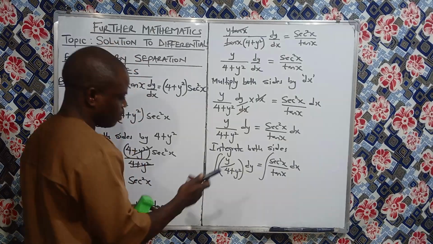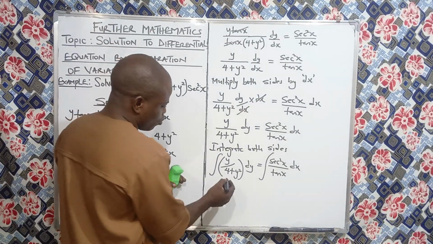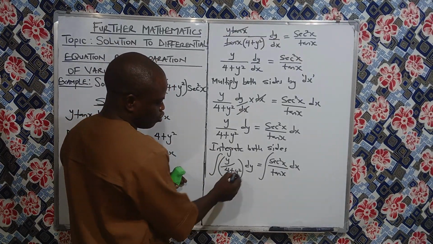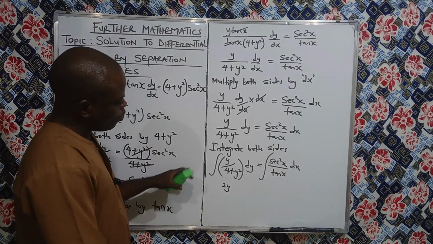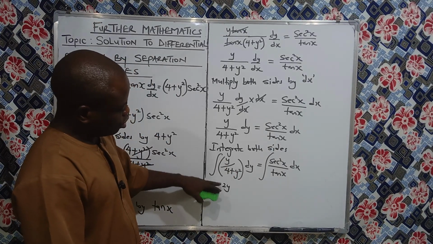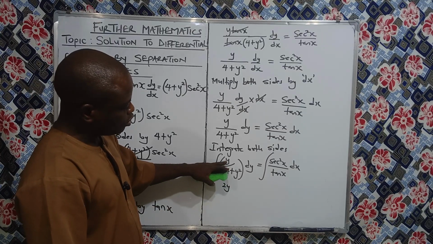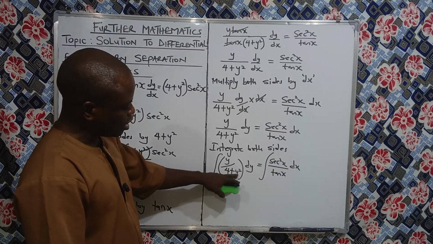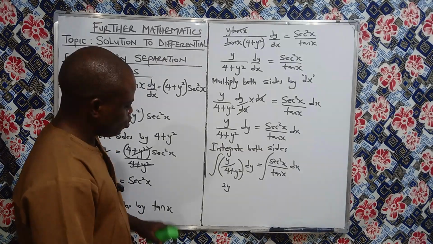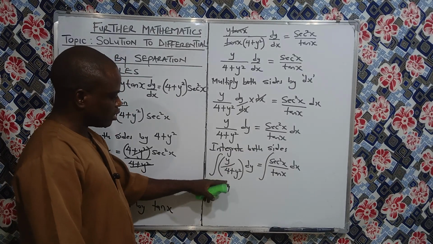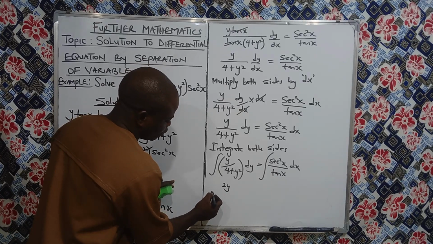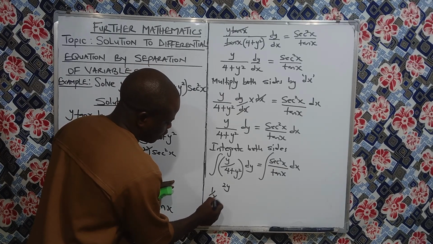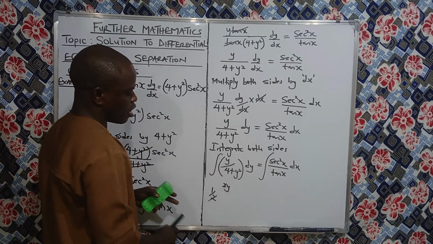What I'm saying again is that when you differentiate a constant, you have 0. When you differentiate y squared, you have 2y. And when you check the numerator, it's different from what you have. You have y at the numerator, but you have 2y when you differentiate y squared. To balance the differentiation, you add half, so that the 2 will cancel to give you your y.